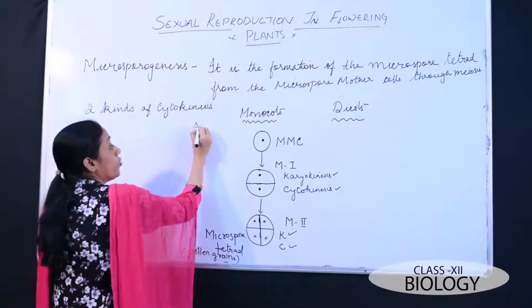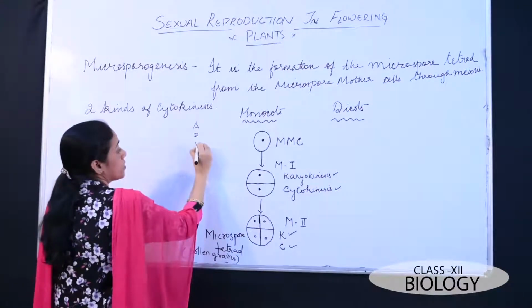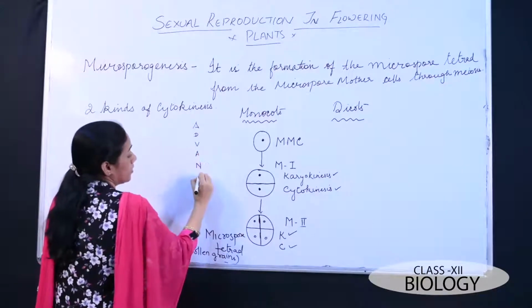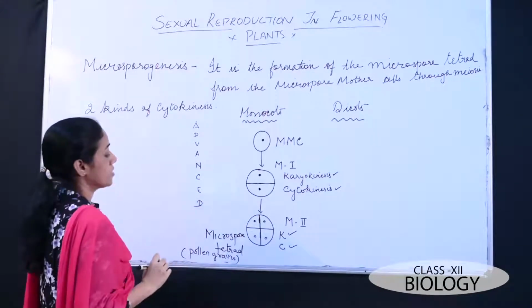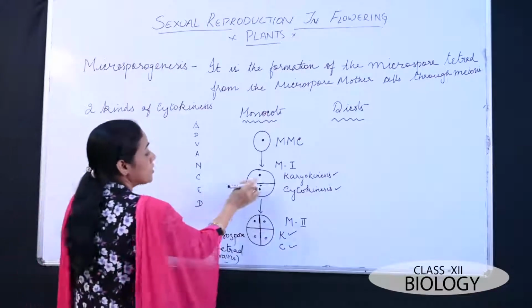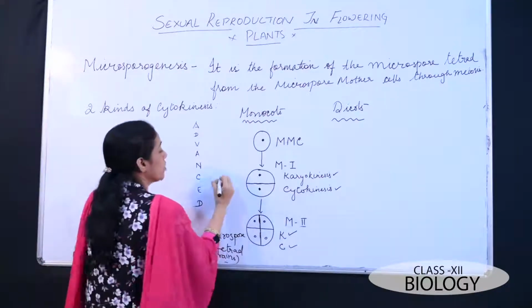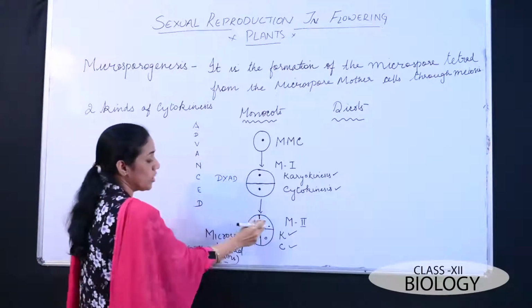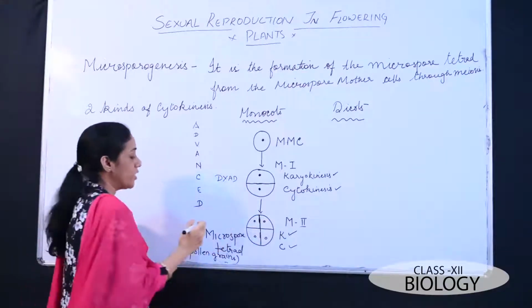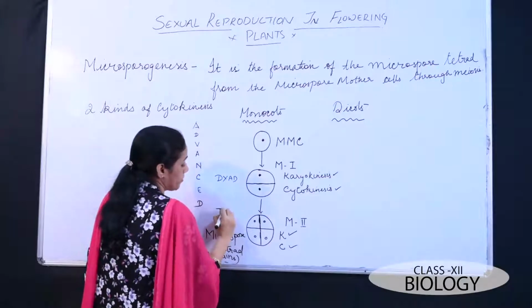This is the most advanced type. This is generally followed in many plants. Here you can write 2 cells are formed, so we can write a term over here, it's dyad. Here you have got 4 cells, so I think we can write here tetrad.